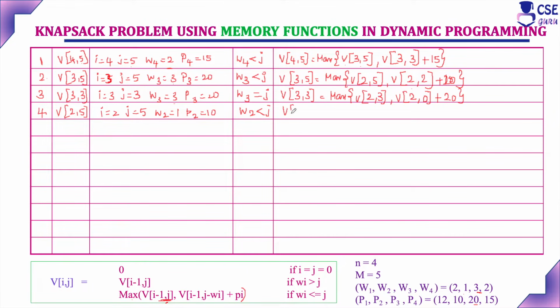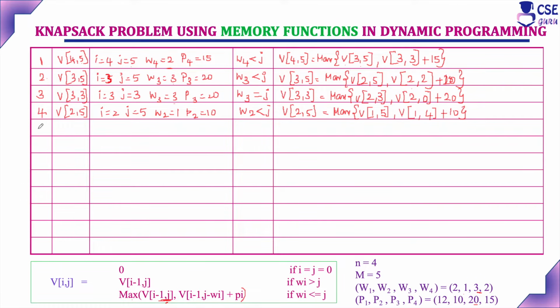So V of 2 comma 5 equal to maximum of V of I minus 1, 2 minus 1, 1, comma J is 5, comma V of I minus 1, 1, comma J minus WI. 5 minus 1 is 4. Plus profit of the second object is 10. So here also we don't know the value. We have to compute these sets.